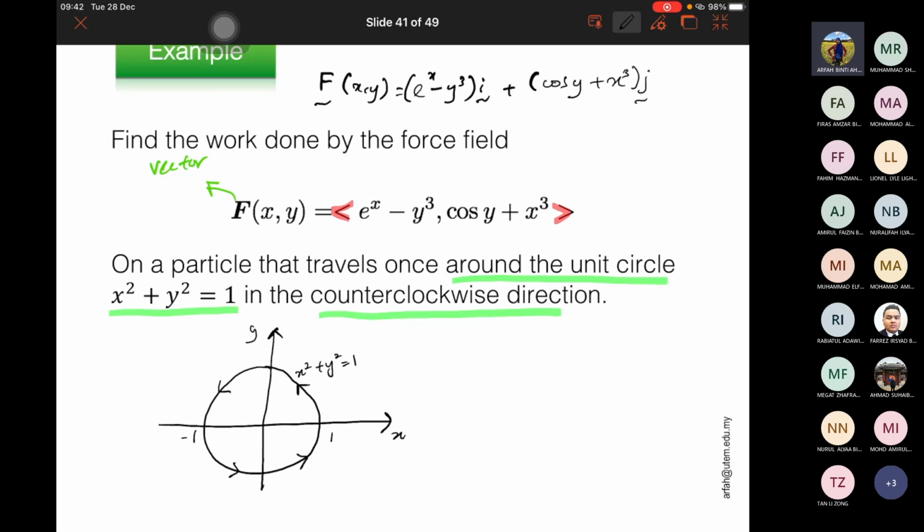Okay. So the work done is actually equal to the integration over the curve C of F dot dr. So we will use Green's theorem to calculate the work.